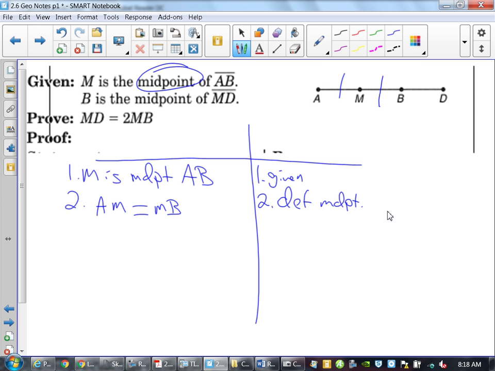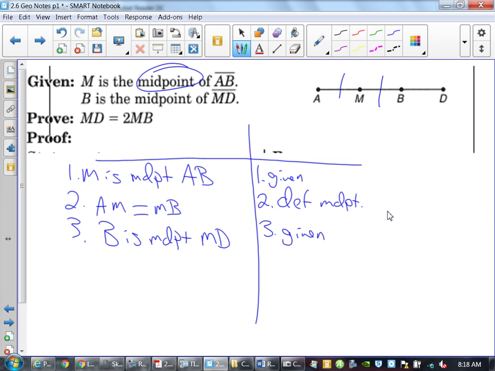The second given says that B is the midpoint of MD. I have another midpoint, which means I'm going to use another midpoint definition. According to my progression sheet, after you have a midpoint, what do we say?